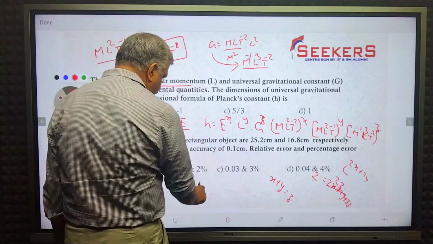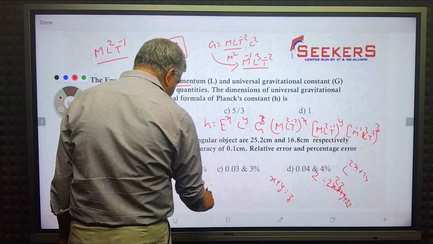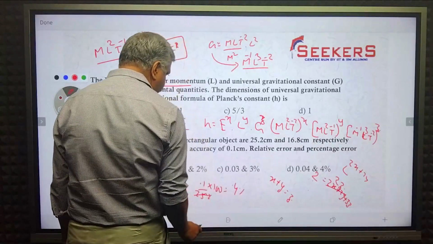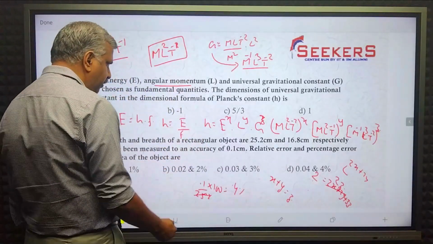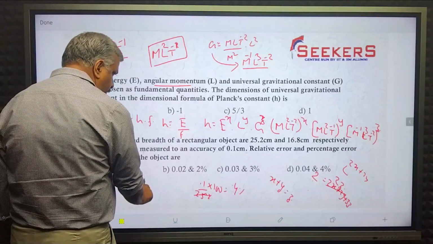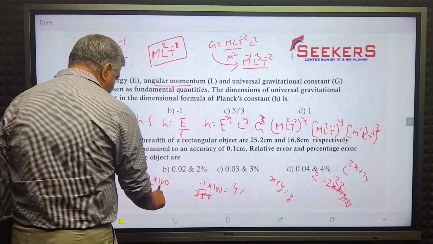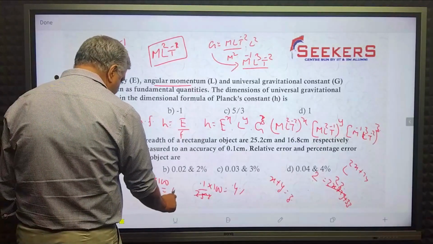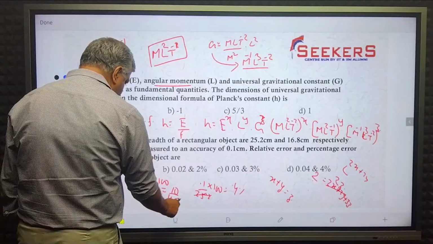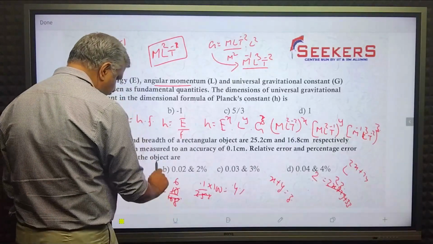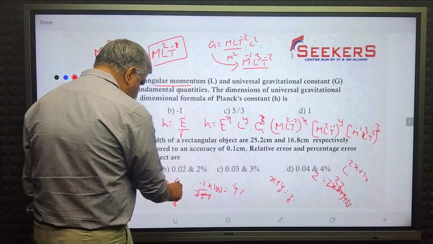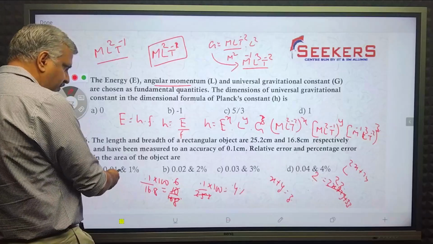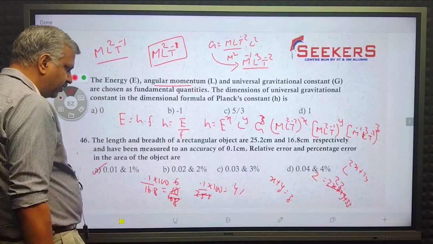For length, 0.1 by 25.2 into 100 gives 0.4 percent. For the width, it will be 0.1 into 100 divided by 16.8, which is 10 divided by 16.8, approximately 0.6 percent. So the error in the measurement of area will be 0.6 plus 0.4, that is 1 percent. That should be the answer.